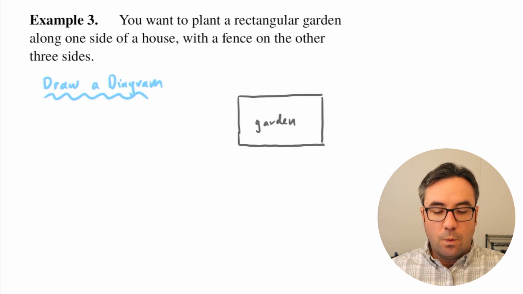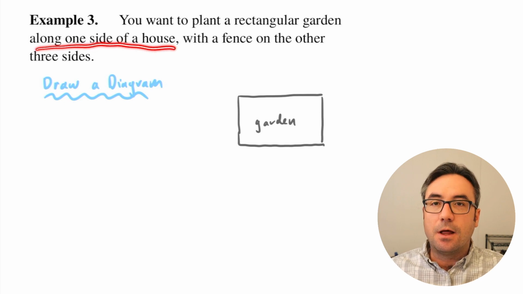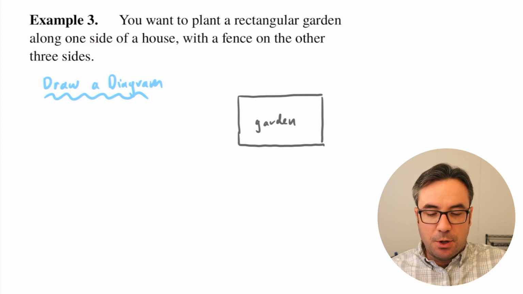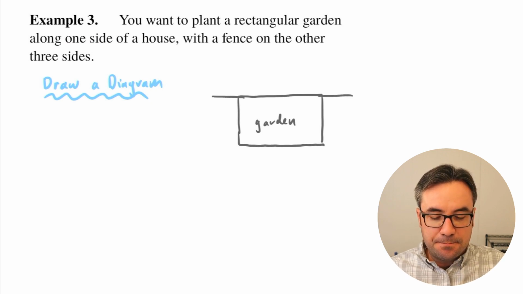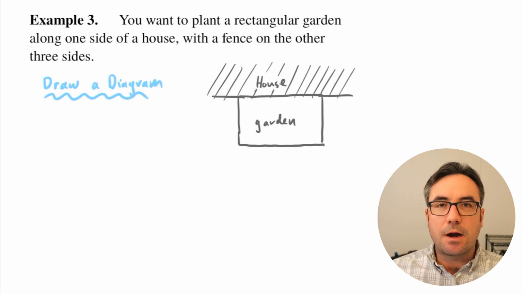And one side of this garden is going to be built alongside of a house. It doesn't matter which, but let's just suppose that our house is over on this side. So here's our house. All right. So we're building our garden right alongside the house here.